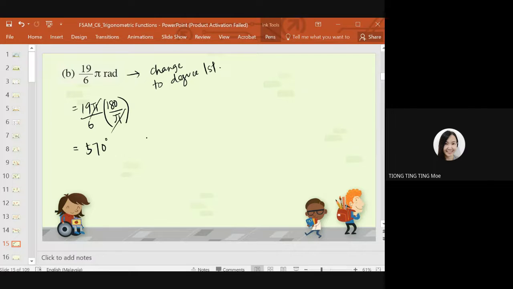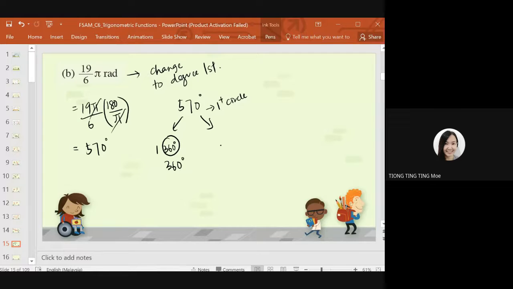So for degree okay, now 570 degree is how many circle? 570 divided by 360 lah. So you will get 1 plus circle, right? 1 plus circle, so you will have 1 circle here already lah. This circle gains you 360 degree lah.